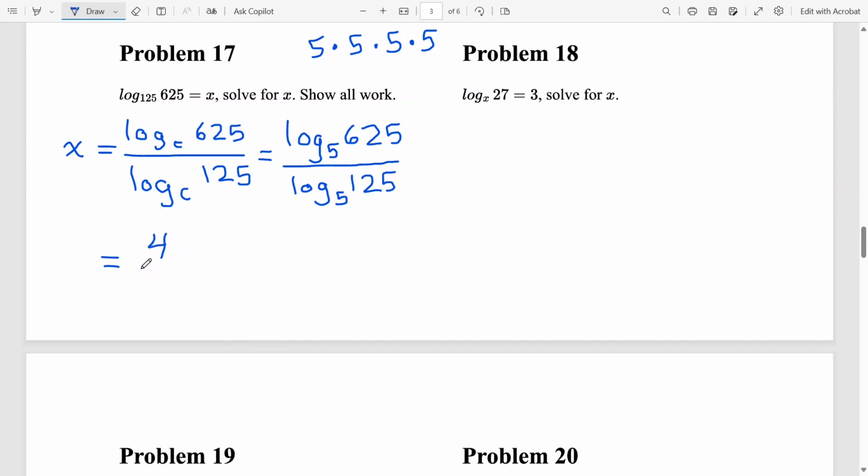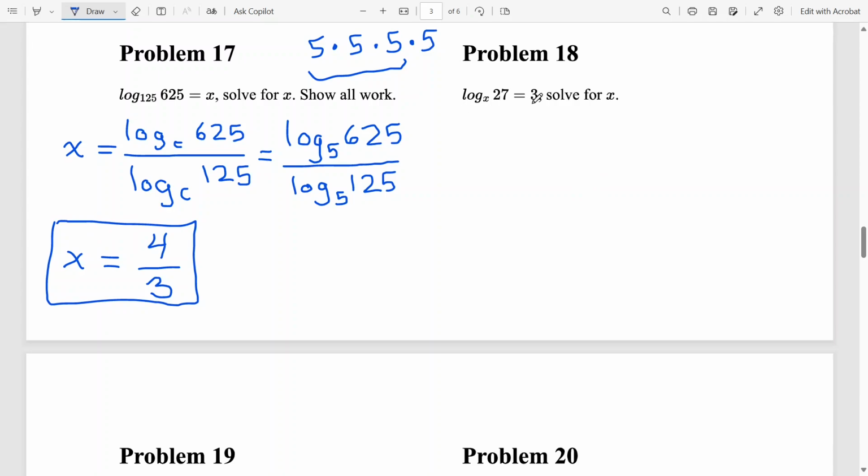So we put 4 on top. And then how many 5s do we have to multiply to get 125? Well, 5 times 5 is 25, times 5 again, that's 125. So that's 3 5s. So our solution here is going to be x equals 4/3. Okay, let's do the next one.